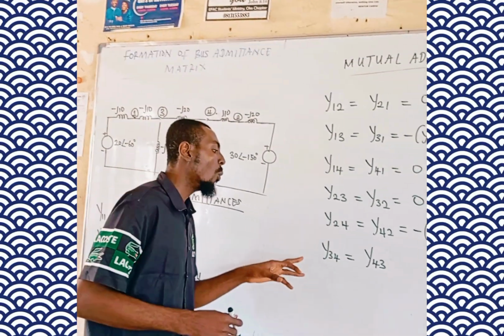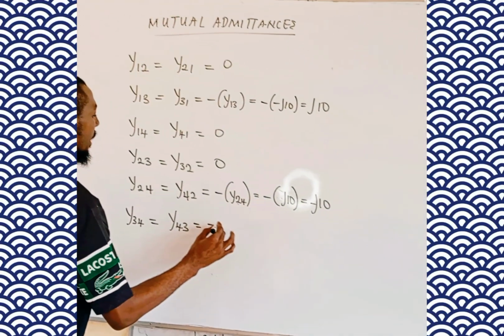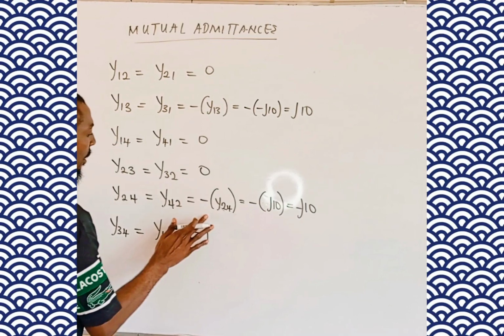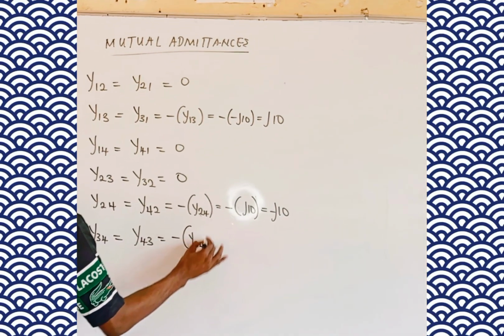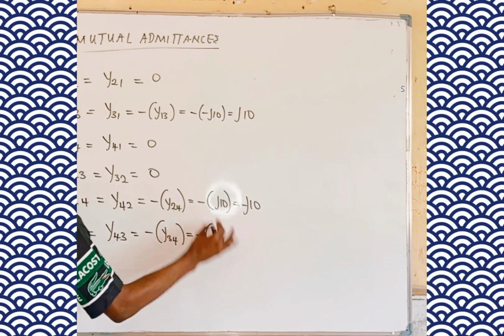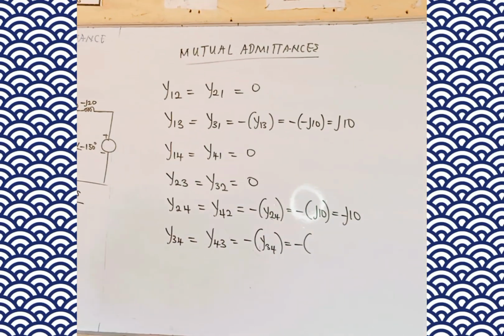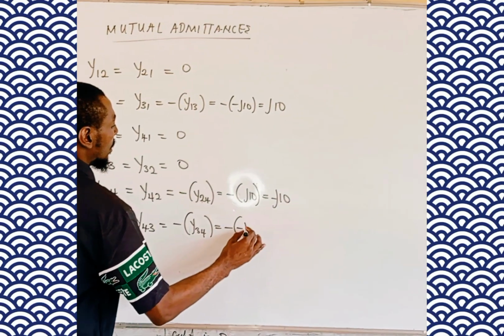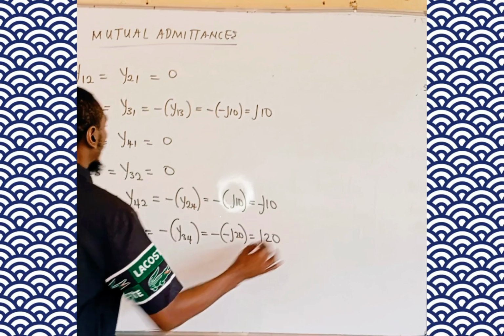So y34 is equal to y43, which is equal to negative y34. What is our y34? y34 is minus j20, which is equal to positive j20.